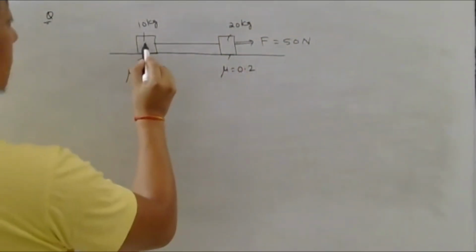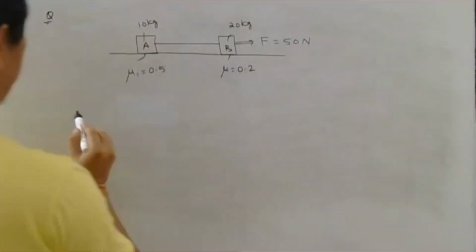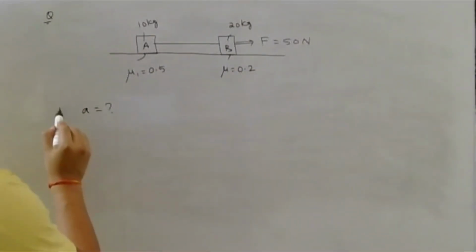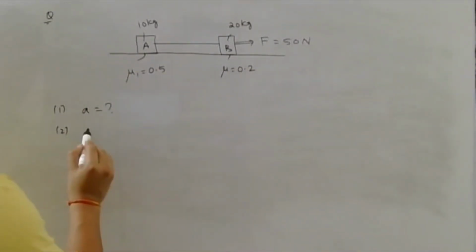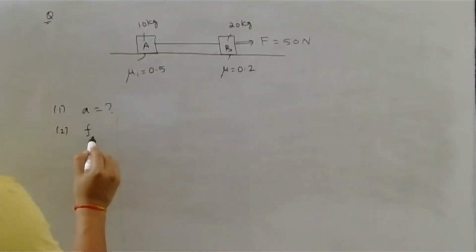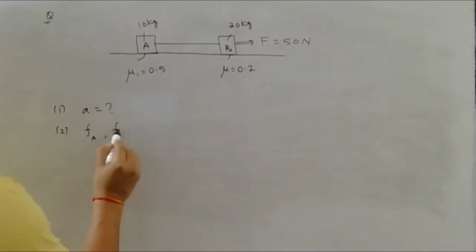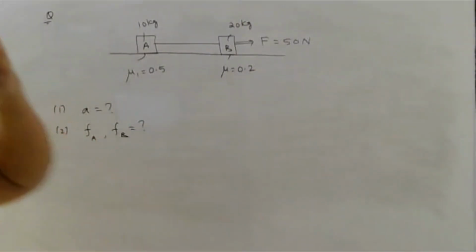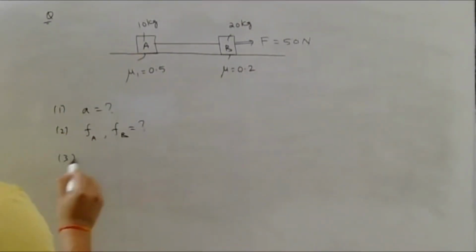So you have to find the acceleration of the blocks, friction value at A and at B. Small f, if I write, is friction, and tension.